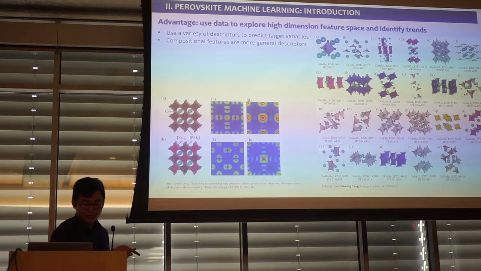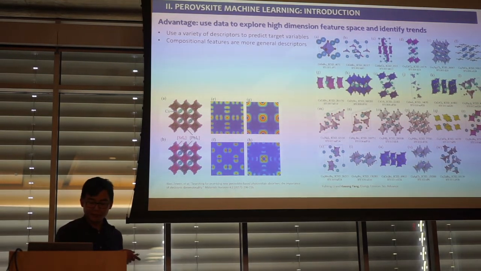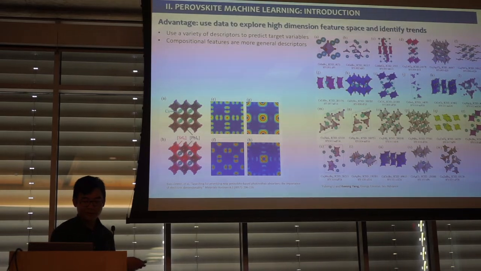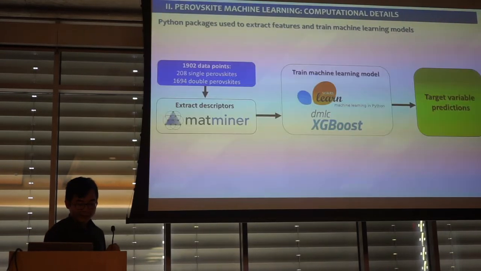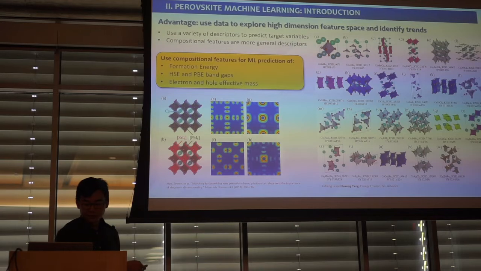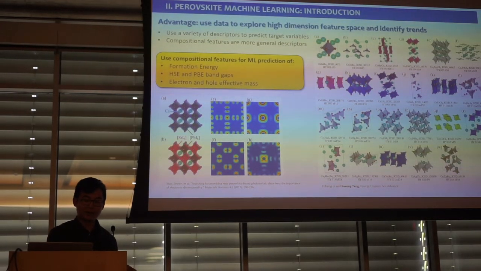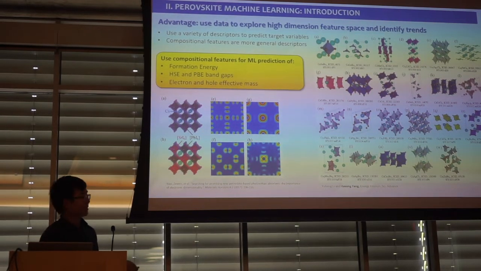In this work, we're mainly using the compositional features, which are features that are more readily available from your data. So in this work, we use primarily compositional features for machine learning prediction of the formation energy, the band gap, and the effective masses.